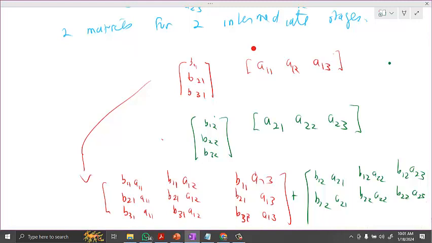Last one is going to be B32A21, let's see, did I do this right? B32A22, and then B32A23.